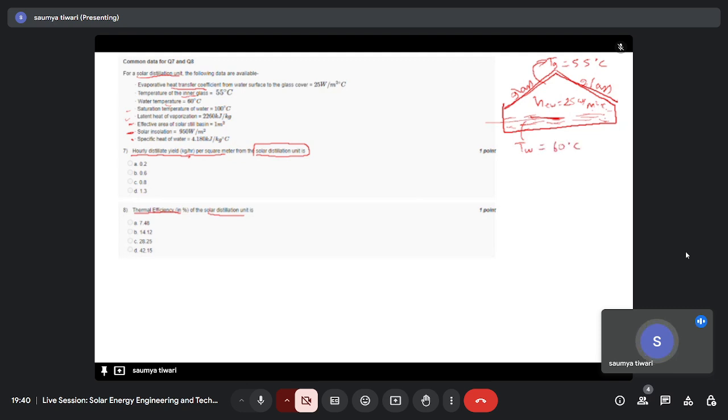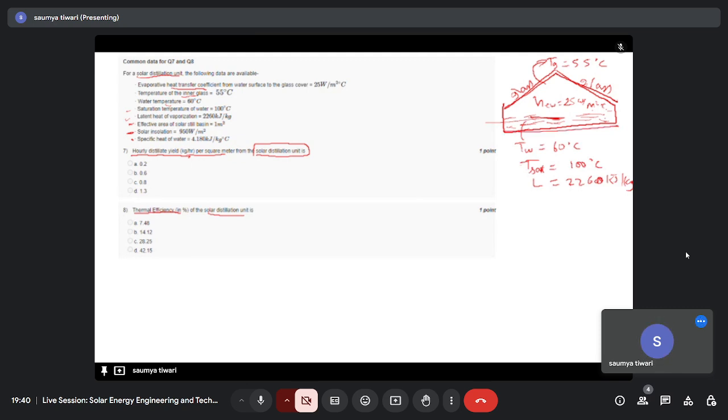What else is given? The saturation temperature of water, you know that, 100 degrees Celsius, right? Latent heat of vaporization, this value 2260 is in kilojoule per kg. Okay. Effective area of solar still basin.